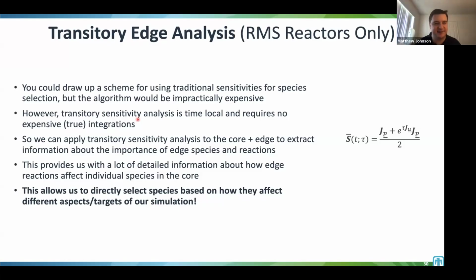It doesn't require any true integrations. So we can apply transitory sensitivity analysis to this core edge system to extract information about the importance of edge species and reactions. And this provides us with a whole ton of detailed information about how these edge reactions and edge species impact individual species in the core. This is really powerful in the way that it lets us directly select species based on how they affect different aspects or different targets within your simulation.